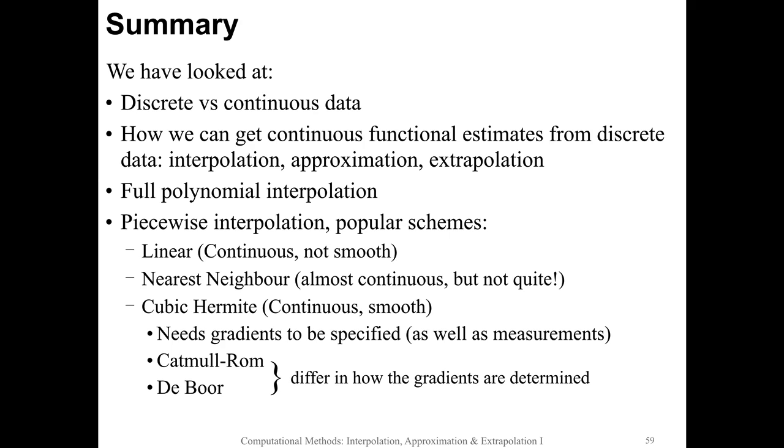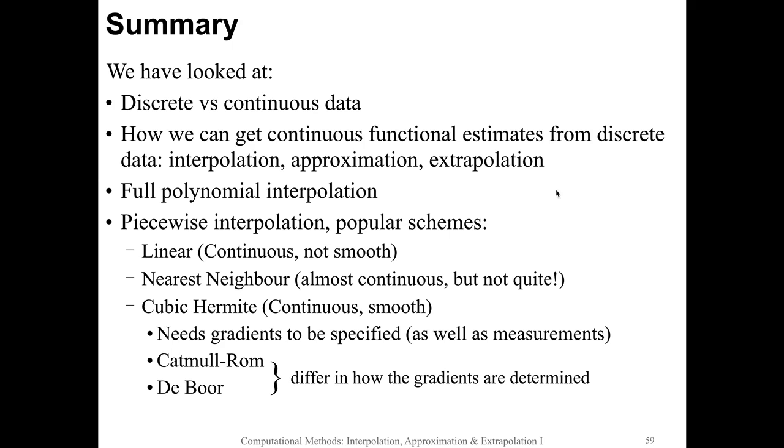So as a summary in these slides, the main take-home points are the fact that we have discrete data, but we sometimes need to have continuous representations for that data. And we might want to get continuous functional estimates from our discrete data through methods that are either interpolation within the data range, approximation where we allow some error, and extrapolation where we go beyond the data range.